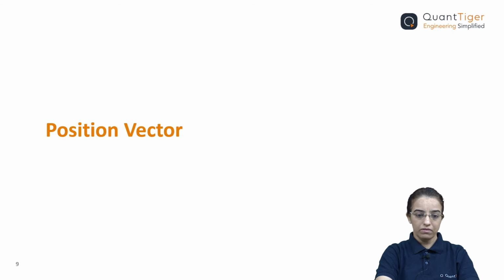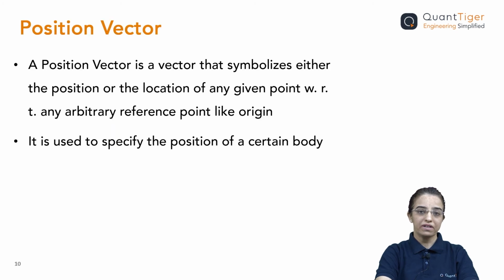Now, let us move to the next point, which is position vector. A position vector is used when you want to know the position or location of any point with respect to a reference point. For example, I will draw it here: an xyz plane.